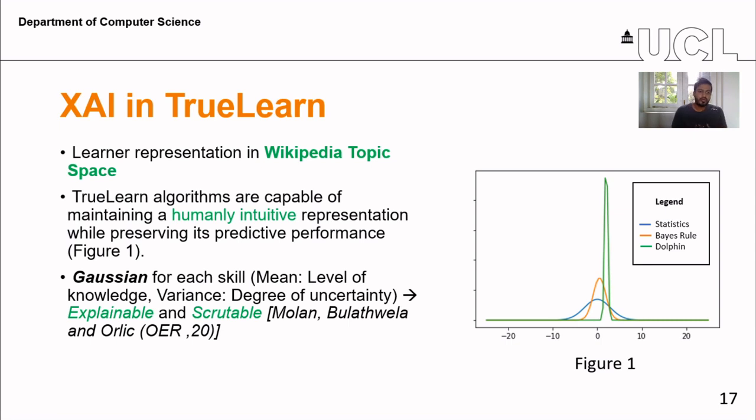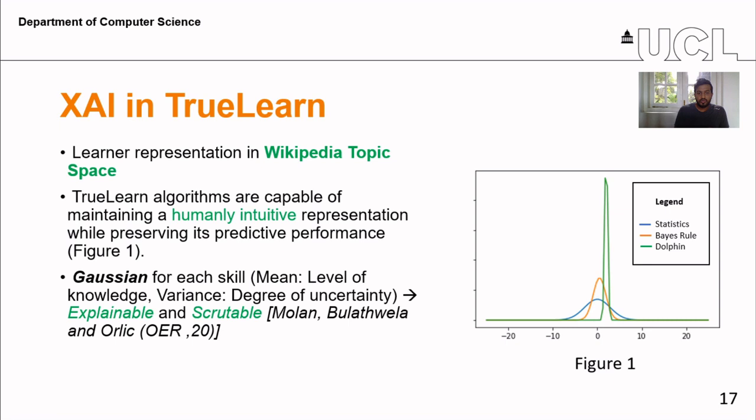So this is how, using the TrueLearn algorithm, we try to build explainable, transparent learner representations. And here I have also mentioned that these representations are scrutable. Scrutability is for the user to intervene and try to change the AI's understanding of the world.